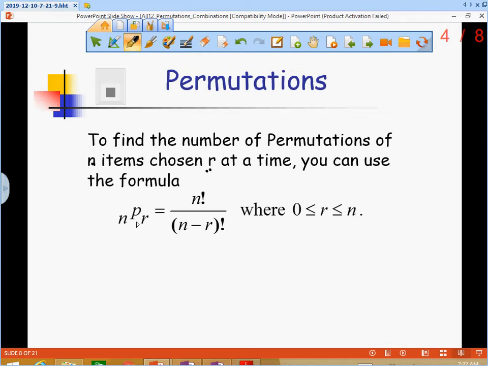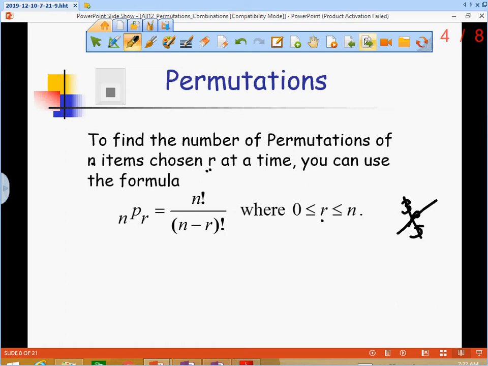The rule for NPR is N factorial divided by the factorial of the difference between N and R, where R is a positive number, cannot be a negative number, and always N is greater than R. For example, I can't write 3P5. Why? You can't choose 5 things out of 3.